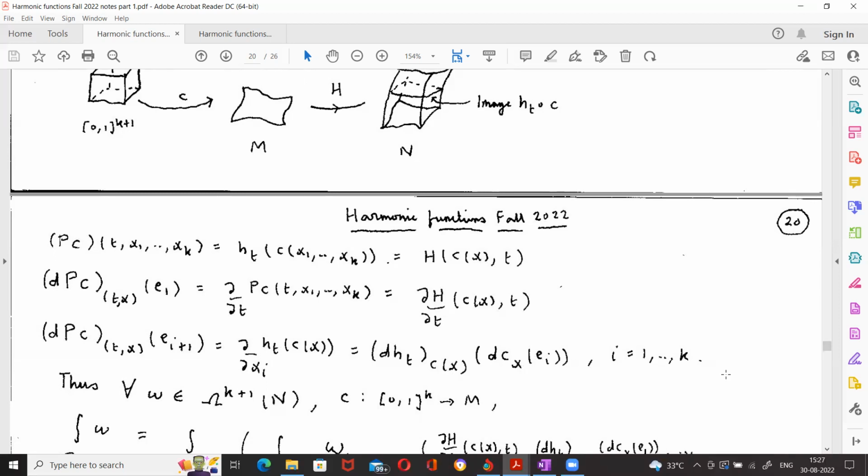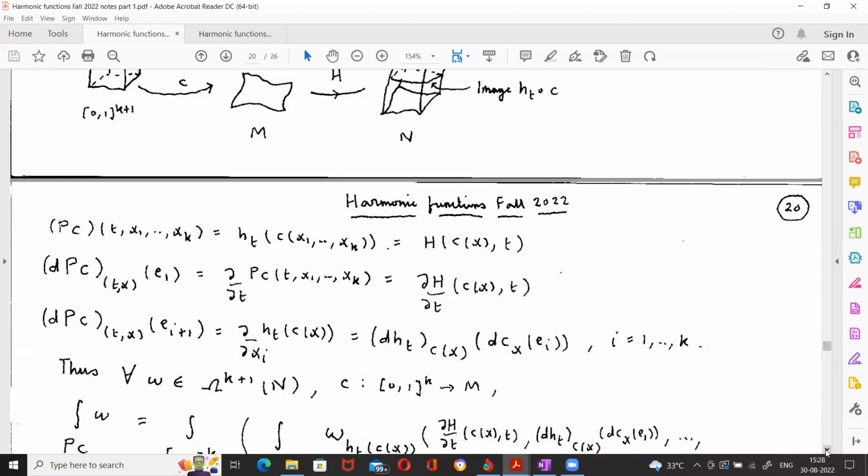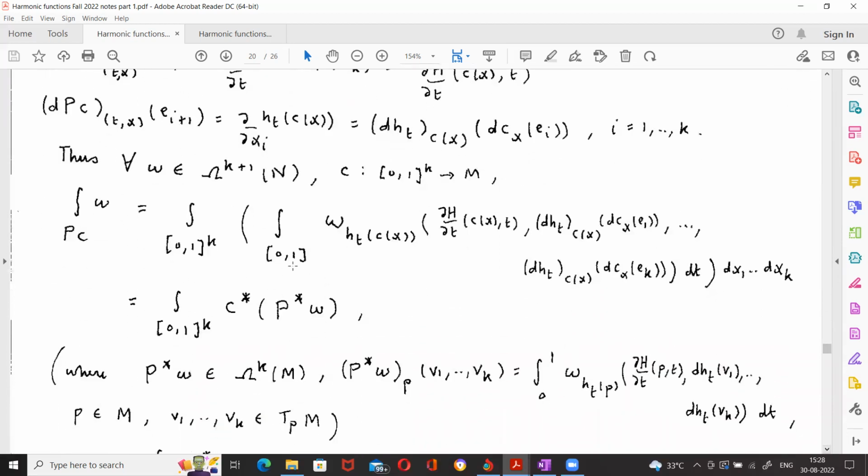Okay. So therefore, if omega is a k plus 1 form in N and c is a k cube in M, then we can integrate omega over P of c, because P of c will be a k plus 1 cube in N, right? So this integral, by definition, is an integral over 0, 1 to the k plus 1. By Fubini's, I write it as an integral with respect to k plus 1 variables, t and x1 to xk. I write the integral dt inside and the integral x1 to xk outside.